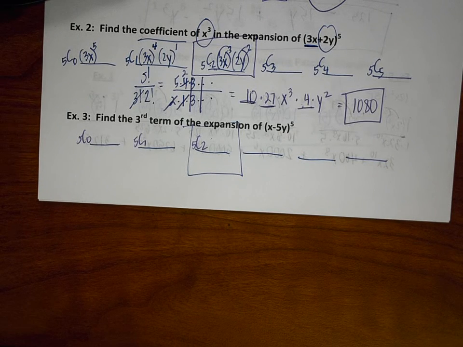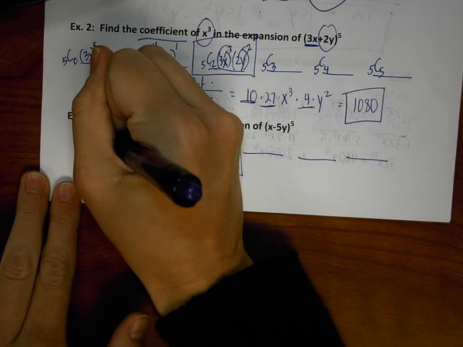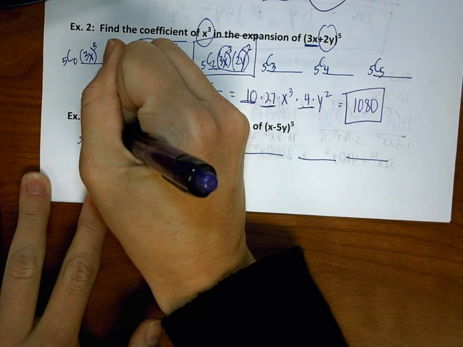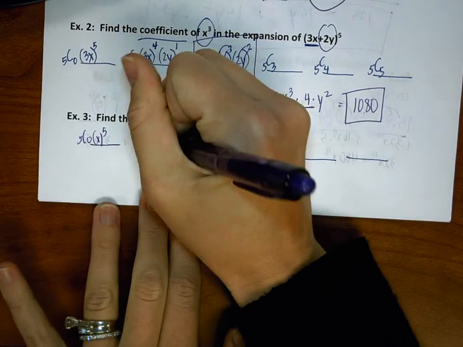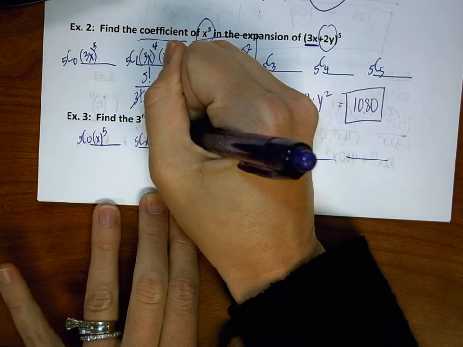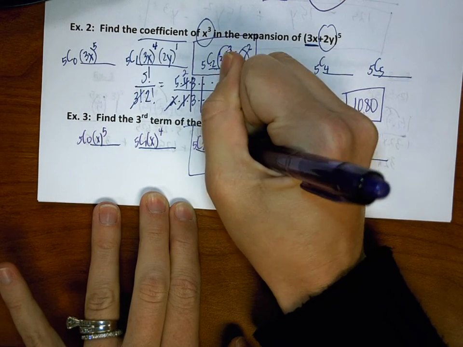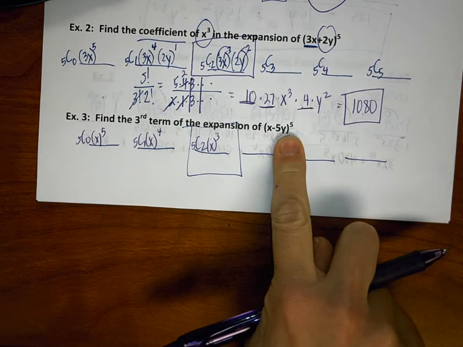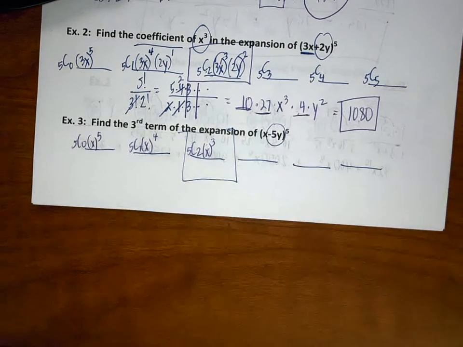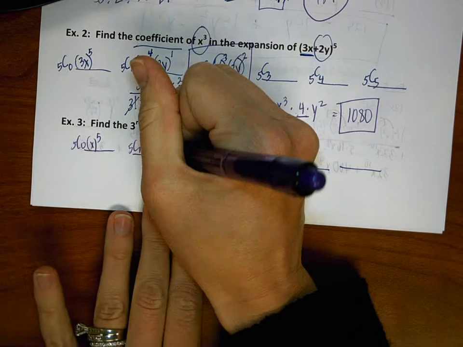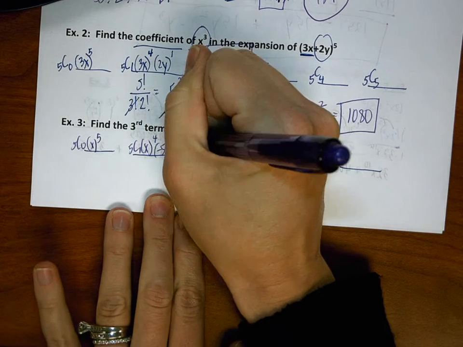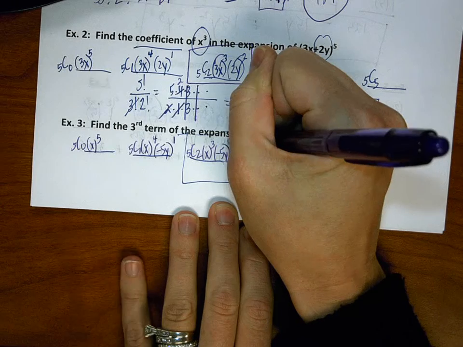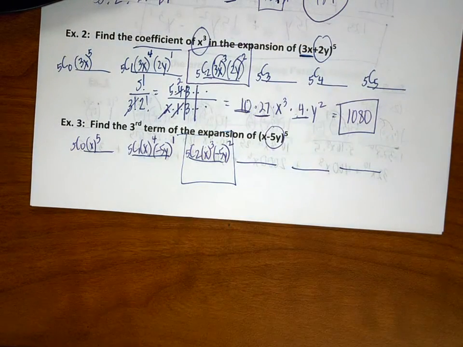So then when I start here, we have x to the 5th, x to the 4th, and then x to the 3rd. And then going backwards, we're going to have negative 5y. Pay attention to your signs. Negative 5y to the 0, negative 5y to the 1st, and negative 5y to the 2nd. Hopefully you're seeing the importance of writing this out.